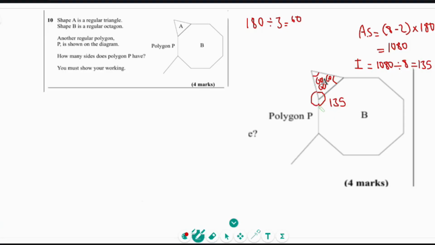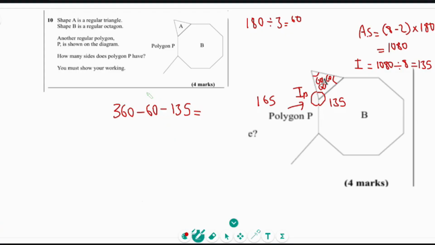Which leaves our missing angle here, which is the interior angle of the polygon P. Angles around a point add up to 360. So the interior angle here is 165.